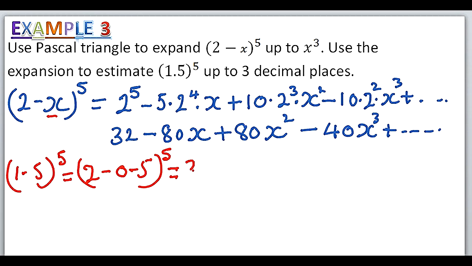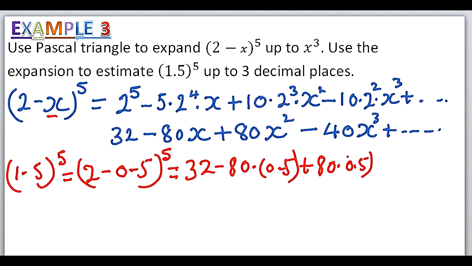So we say this is equal to 32 minus 80 multiplied by 0.5, plus 80 multiplied by 0.5 into bracket squared, minus 40 multiplied by 0.5 into bracket cubed.